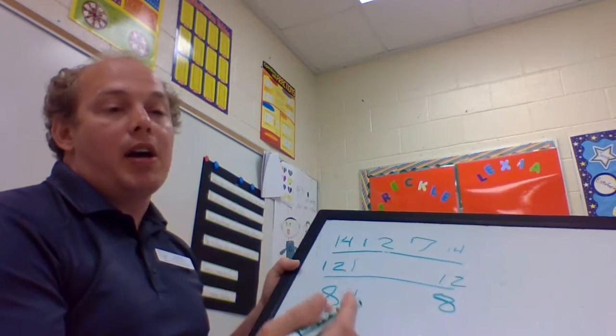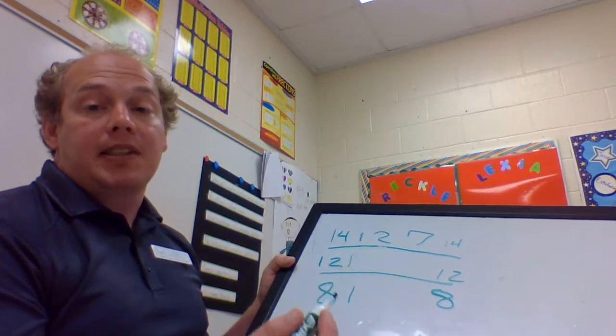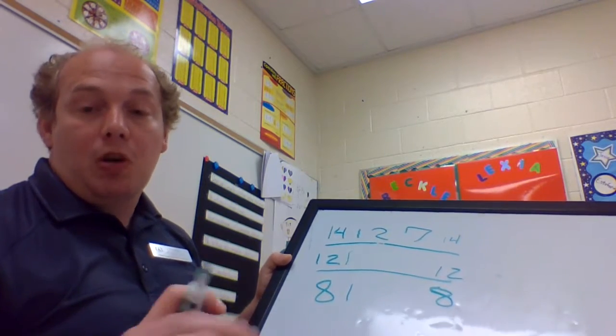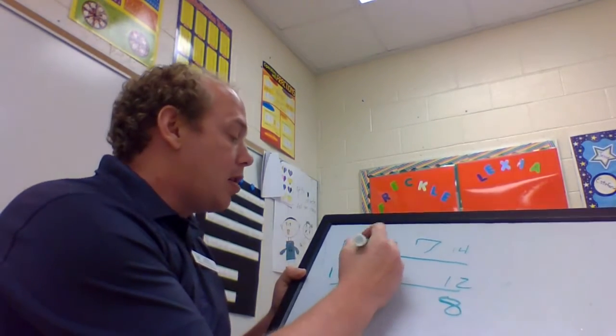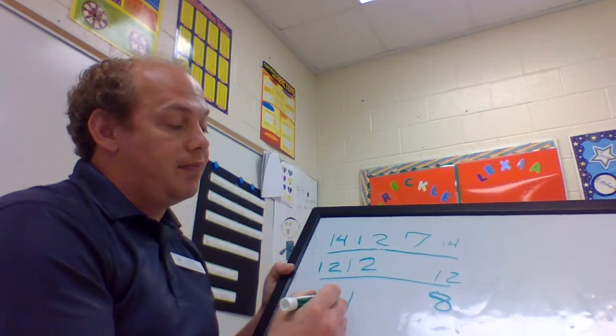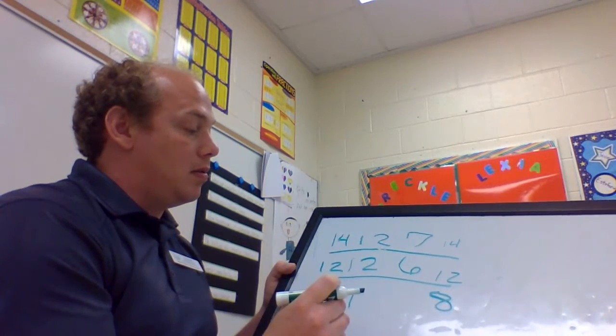So now what about 12? Well, 12 is also even. So even numbers can always be divided by 2. Very good. So if we divide 12 by 2, what do we get? 6. But, come to think of it, 12 has other factors. So we need to write that a little bit smaller.